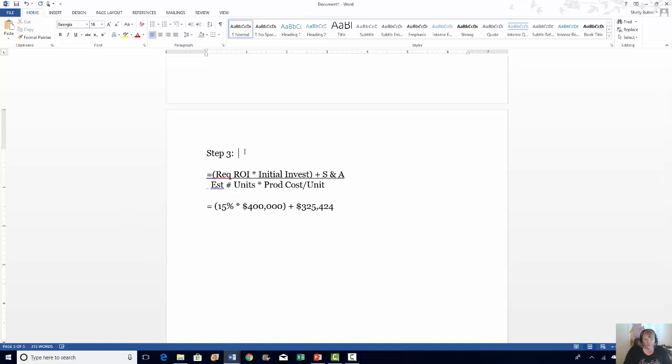Okay, step 3, stone only. Okay. And the units that we sold, the estimated units.